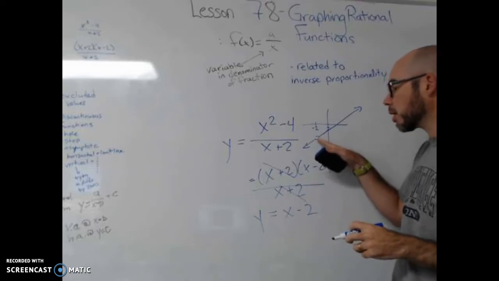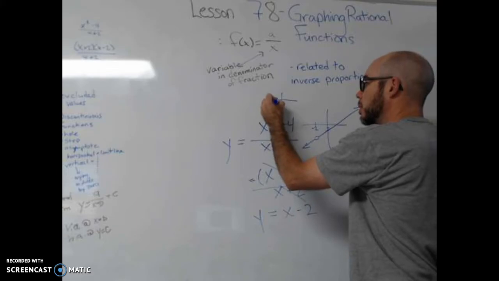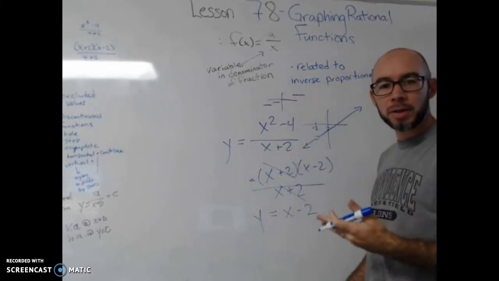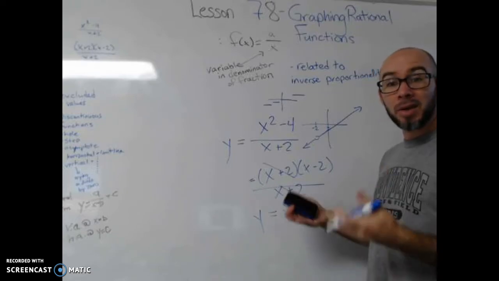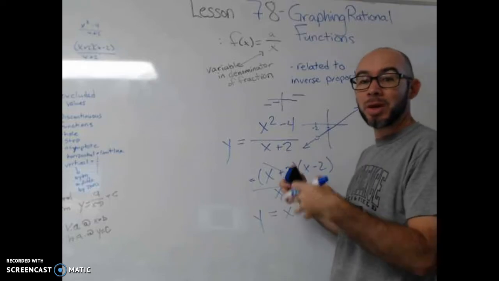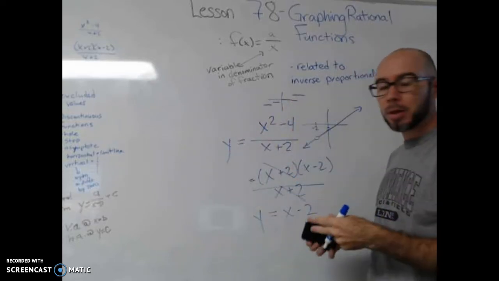Any place where there's a hole, or another discontinuous function would be what's called a step function, also called a rounding function, where I'm going to round it down to the nearest whole number, but then when I hit the next nearest whole number, it has to go up. So there'll be a gap there where I have to jump.